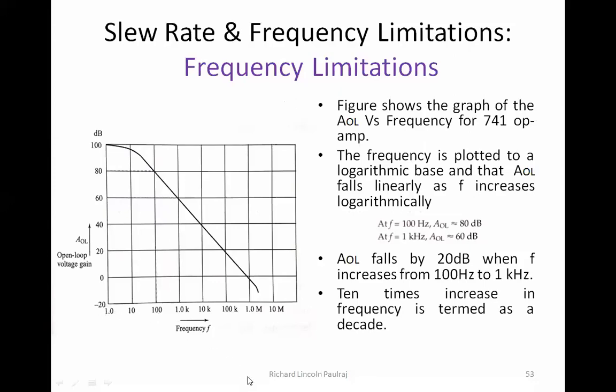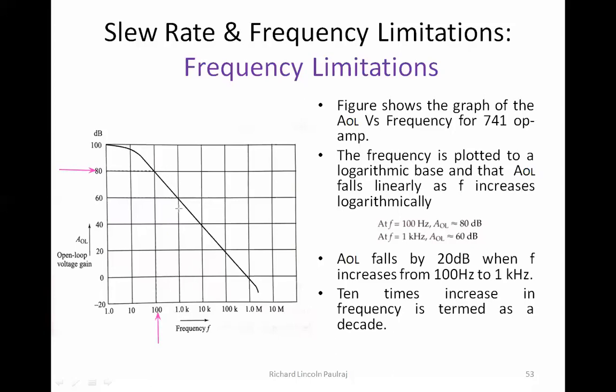Are you all with me? Yes. So why do I say 100 hertz? Because my specification says that I should have a minimum gain of about how much? 80. So I cannot go beyond this frequency of operation, because as I go beyond this, what's going to happen?